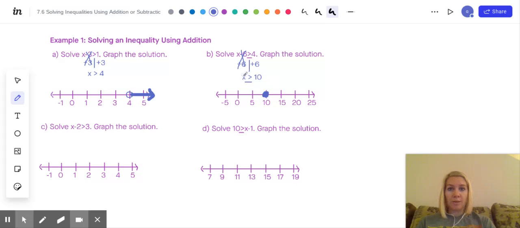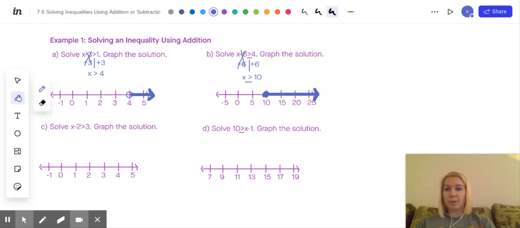Keyword equal to, so if we substituted 10 for x, 10 is greater than or equal to 10 because 10 is equal to 10. Okay, but which way does our arrow need to go? Well, x is greater than or equal to, so greater than means to the right on our number line.